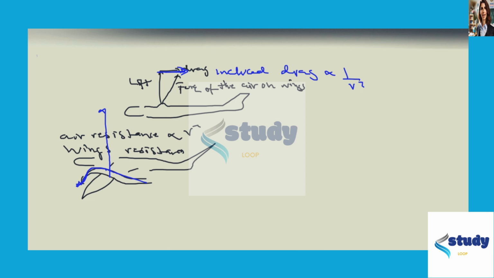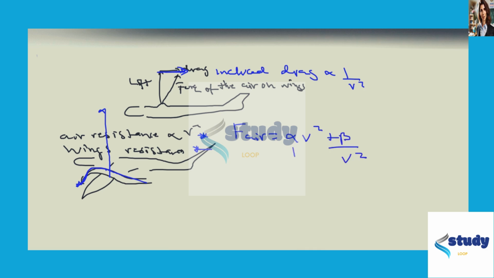So if you look at those two aspects, the air resistance and the wing resistance, there is a force responsible for these two actions, this action right here and this action right here. And that force is modeled by alpha v squared plus beta over v squared.